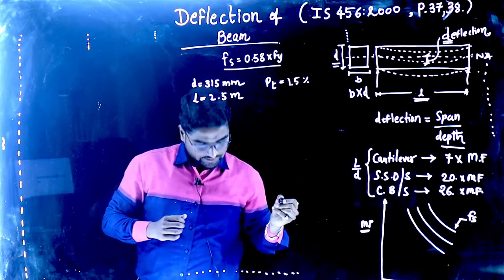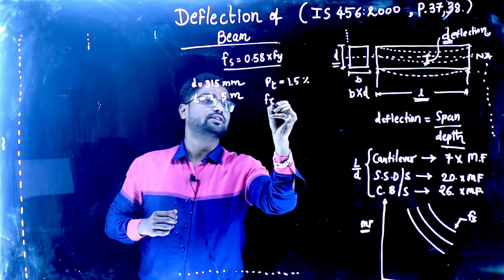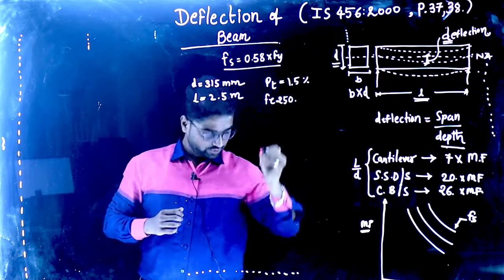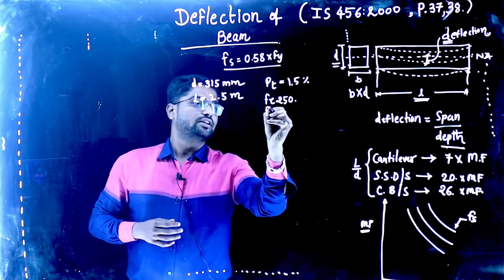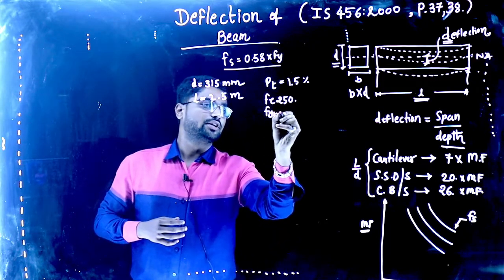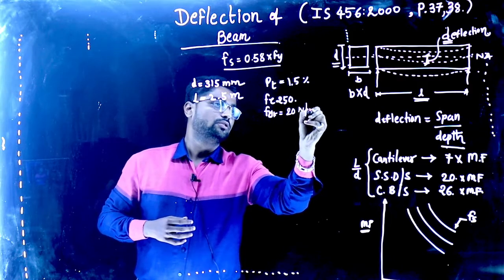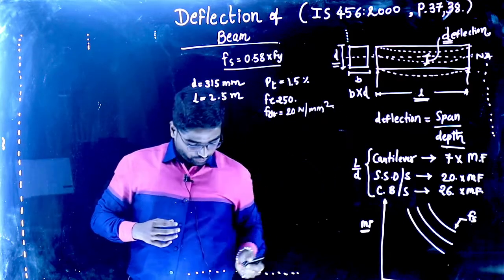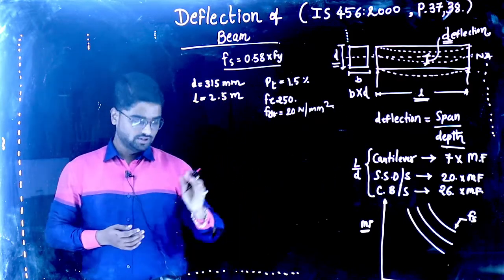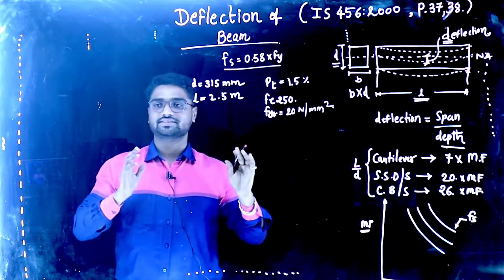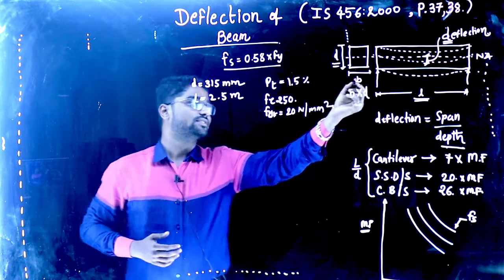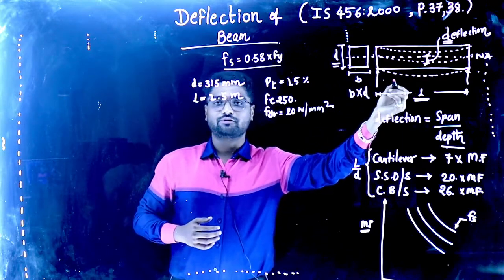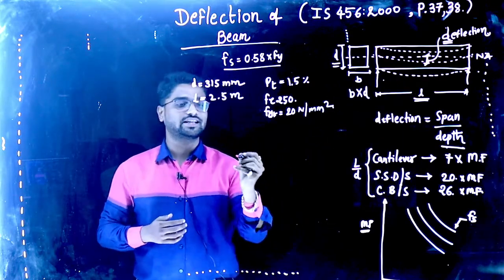The grade of steel is also given, that is Fe250, and FCK is 20 Newton per mm square. For this we are going to calculate the deflection. To calculate the deflection, first of all there is a criteria. First we have to calculate the actual deflection, meaning how much deflection occurs in the beam due to self weight.